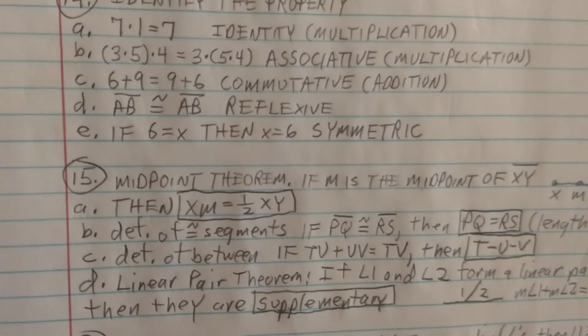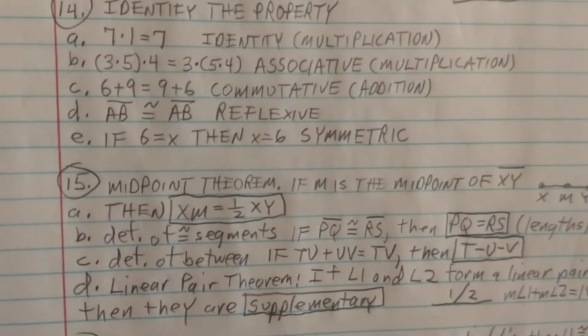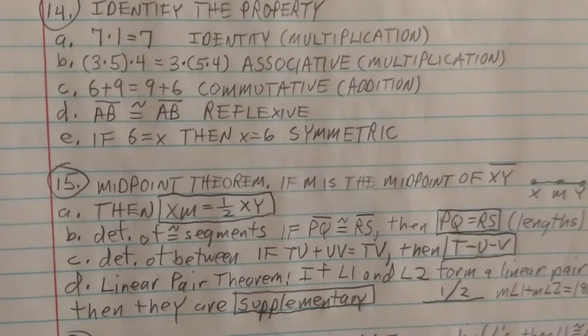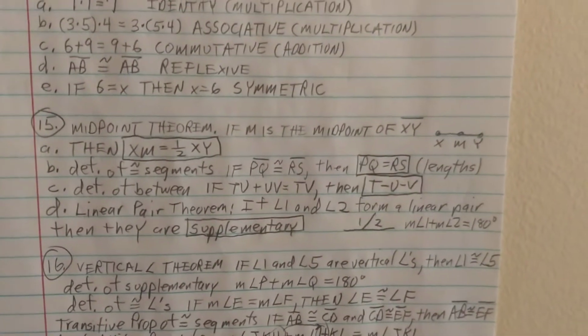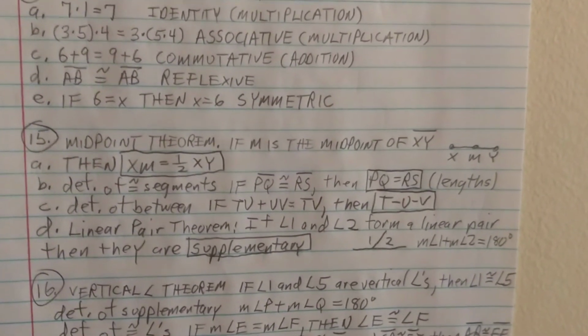Segment AB is congruent to segment AB is reflexive. And if 6 equals x and x equals 6 is symmetric. So that's those.